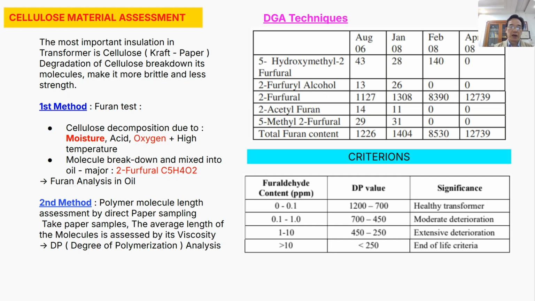So to have a clearer, more precise, more accurate analysis, we need to do the furan test on top of the DGA. Then if the furan indicates something wrong, then we might need to shut down the transformer to have the DP test on the actual sample.